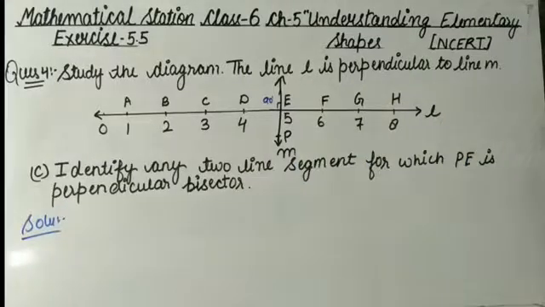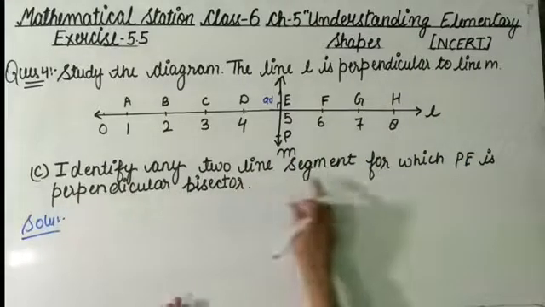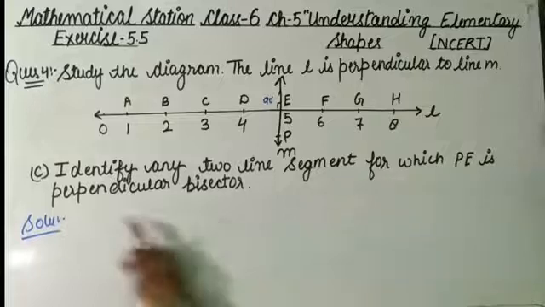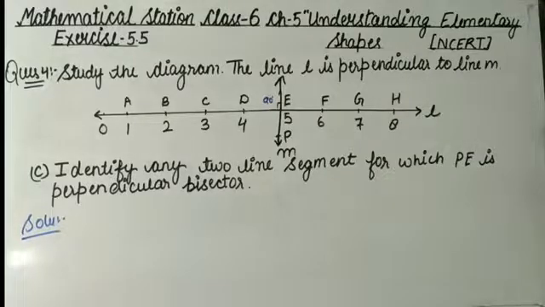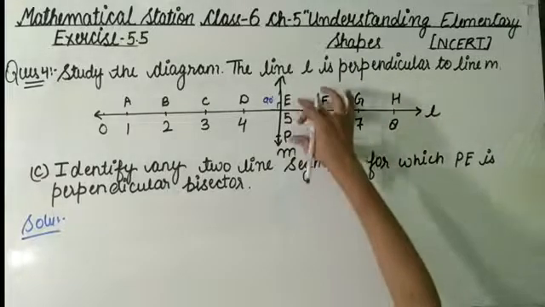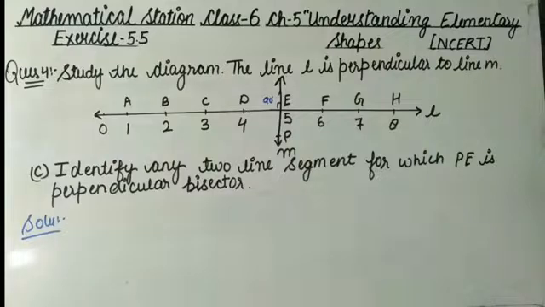Now, we have to answer: identify any two line segments for which PE is the perpendicular bisector. Now we have to name any two line segments from this figure whose perpendicular bisector is PE. That means PE should be perpendicular to that line segment and should bisect it. Okay, student.